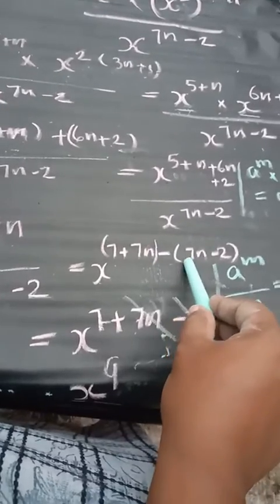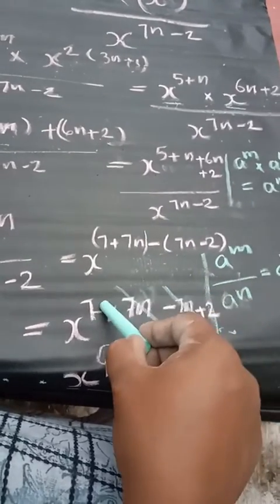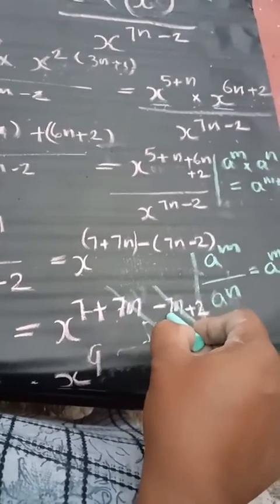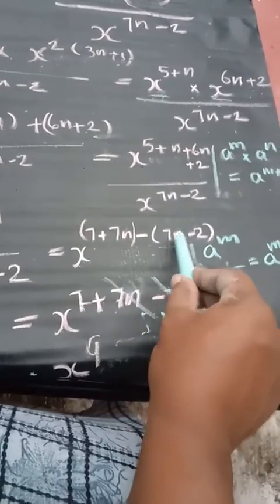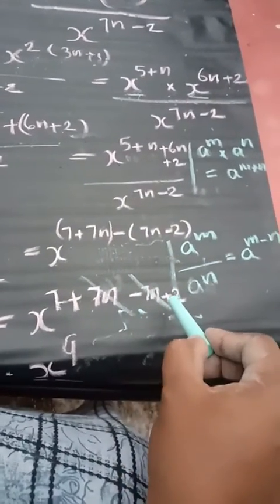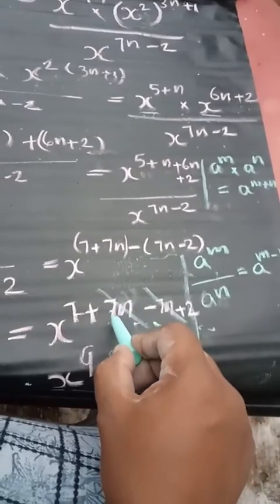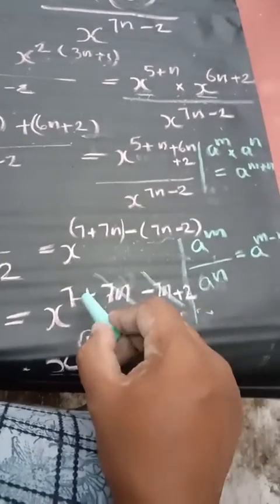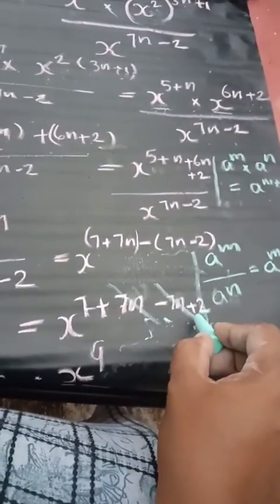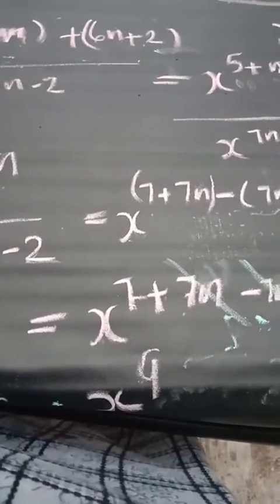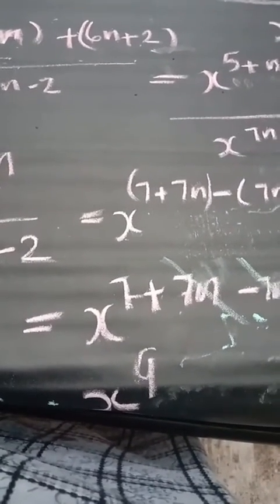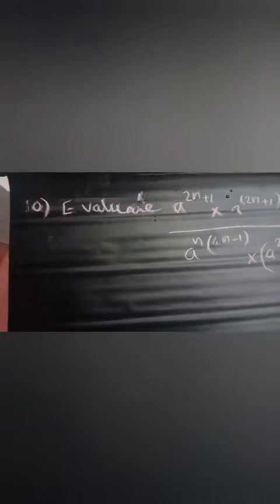Now here one bracket is there, remove this bracket: 7 plus 7n minus 7n, this minus 7n, negative of negative is positive 2. Plus 7n minus 7n get cancelled, 7 plus 2 is 9. So the answer is x raised to 9. x raised to 9. Next question.